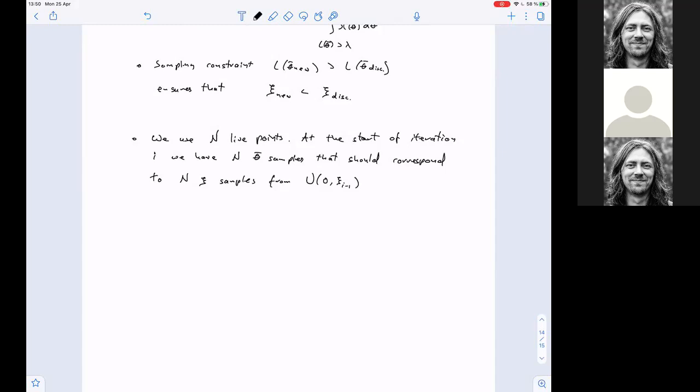So the lambda you use is always the lowest likelihood among your current set of live points. When you discard that point, you sample a new one. That new one might end up having a likelihood that's slightly better than the one you discarded, and then that new point will be the next one you discard. Or the new point might end up being the current best point, and then the next point you'll discard is whatever other point in your live points. Yeah. Did that answer your question?